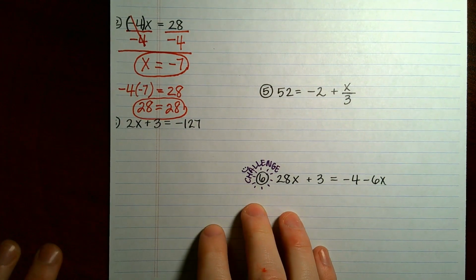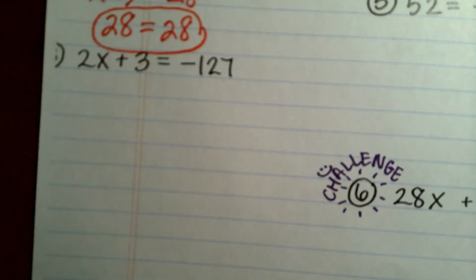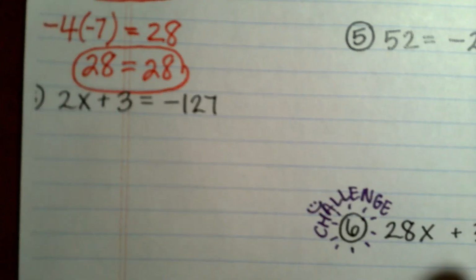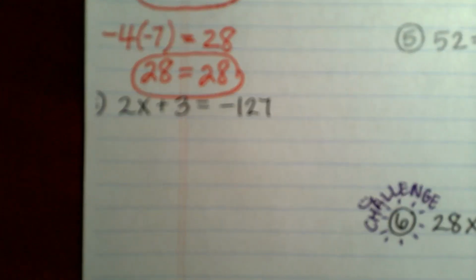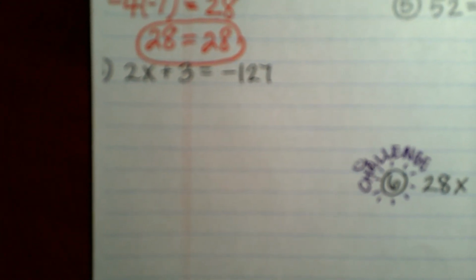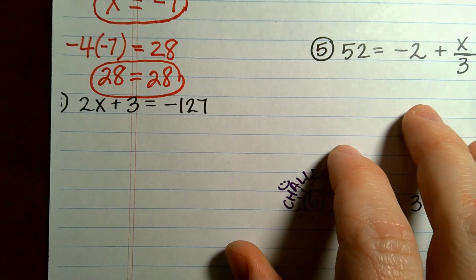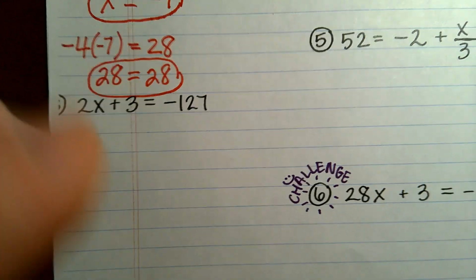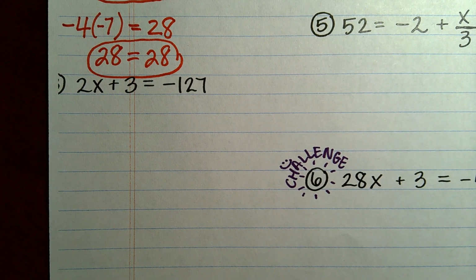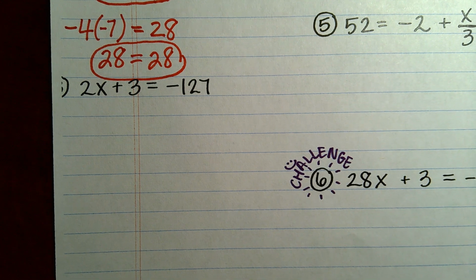Let's look at number 3. So in question number 3, I know it's kind of cut off the page. I wrote a little too close to the edge. I have 2x plus 3 equals negative 127.